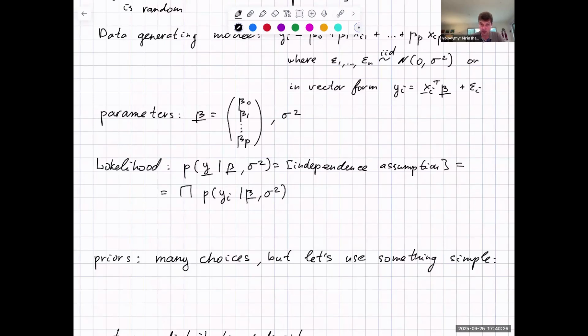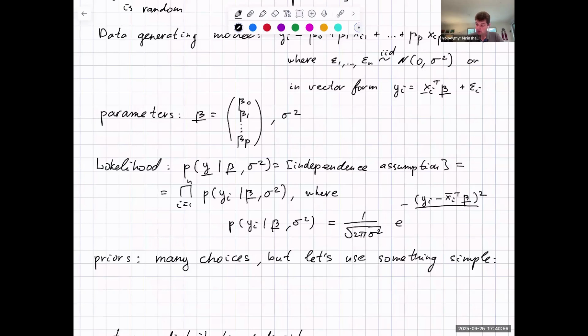And so you get a product of yi densities, where each individual term in this product is a normal density, right? I'll just write it out so it's clear. But that's just your normal or Gaussian density.